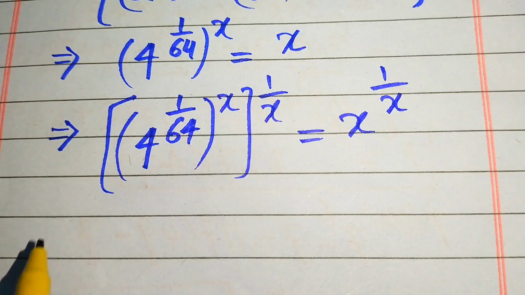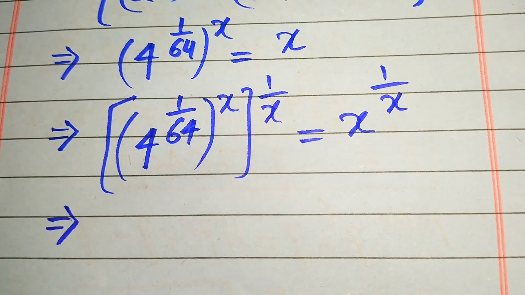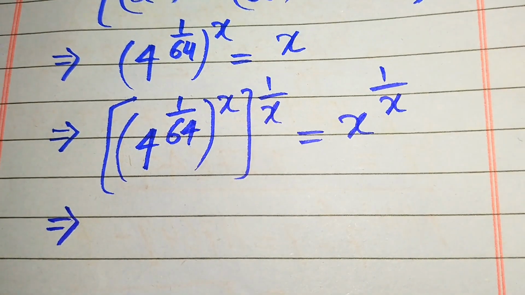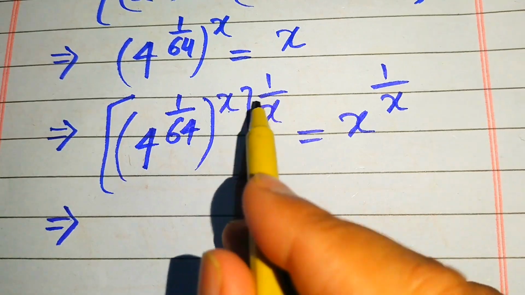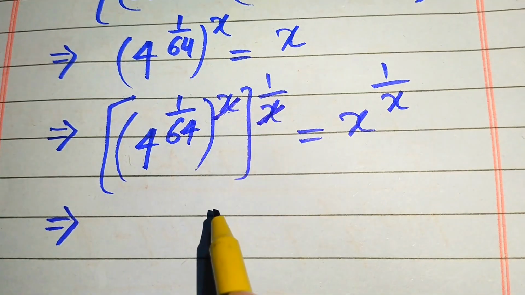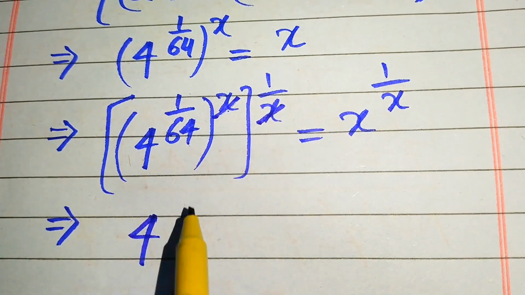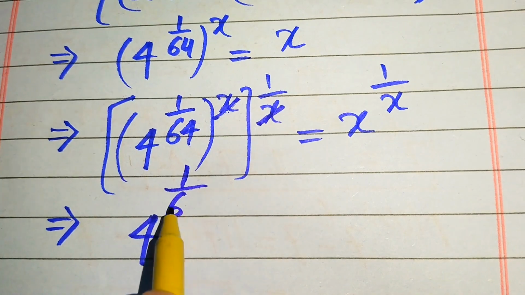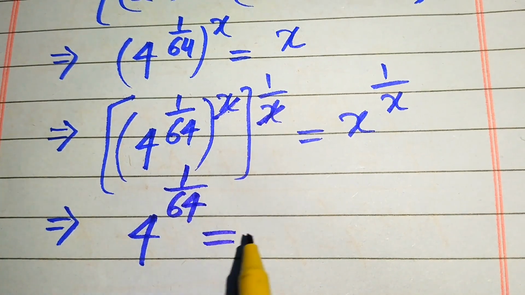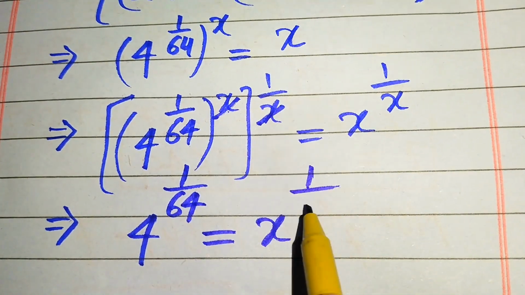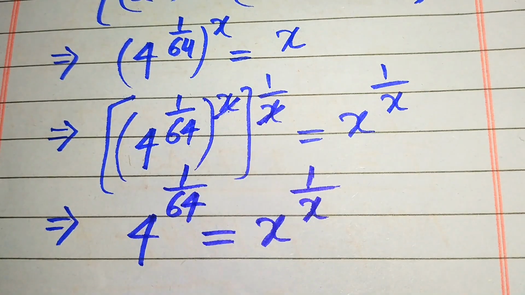Now we again use the above exponent rule, multiply these two exponents, and this x and this x cancel out each other, and we get 4 to the power of 1 over 64 is equal to x to the power of 1 over x.